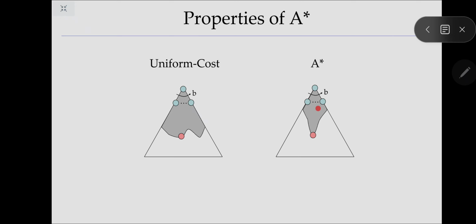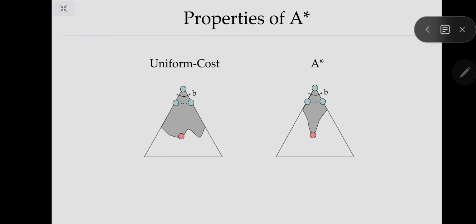Because of that, your fringe is smaller than the corresponding fringe of the uniform cost search.